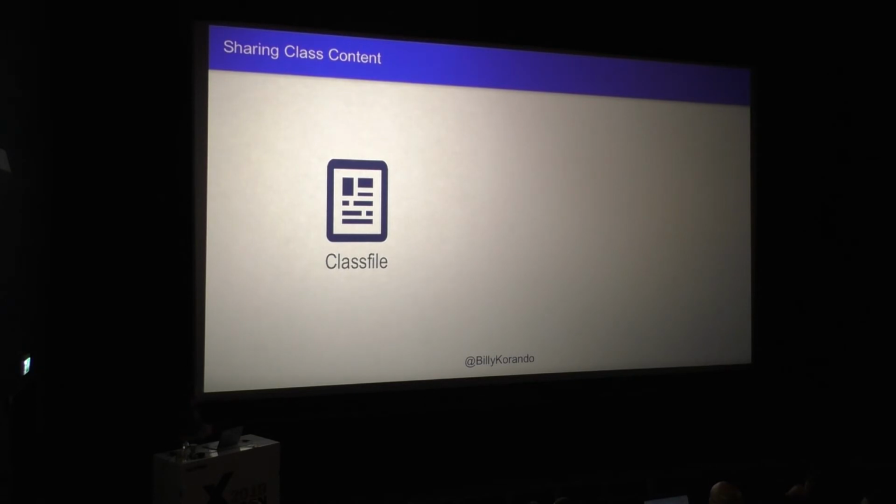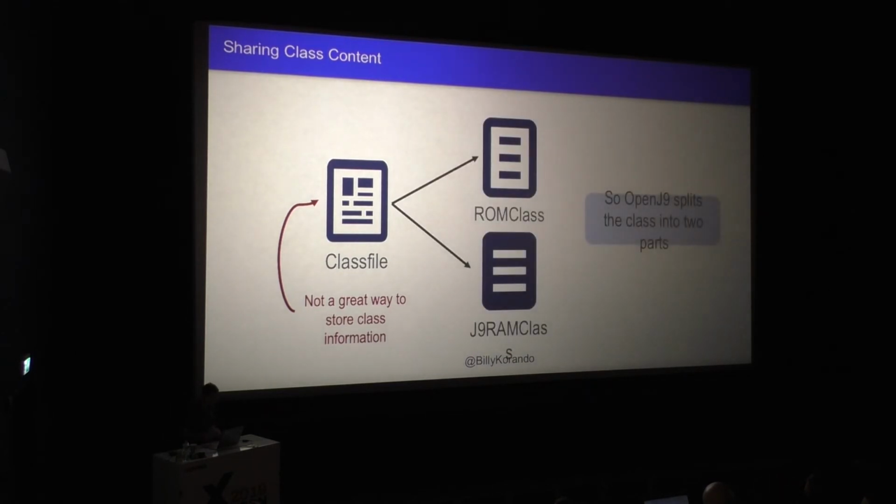So, sharing class content. So this is a class file. As it stands, all mixed up like that, that's not a great way to store class information. However, with OpenJ9, it's split into two components, a ROM class and a J9 RAM class. This read-only part is position independent, so that'll be the same, that same class compiled in each of those VMs.